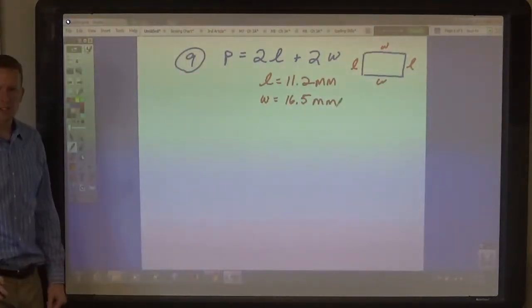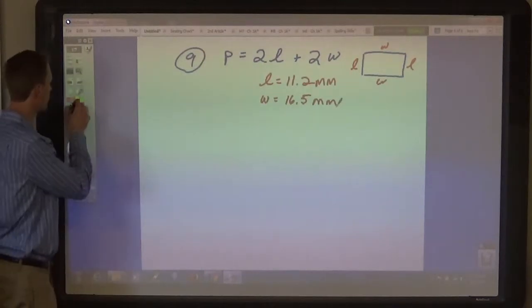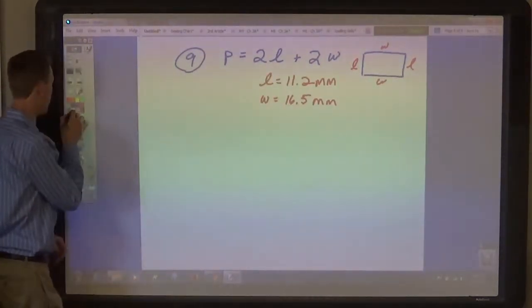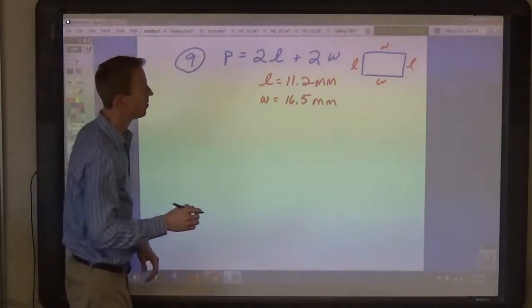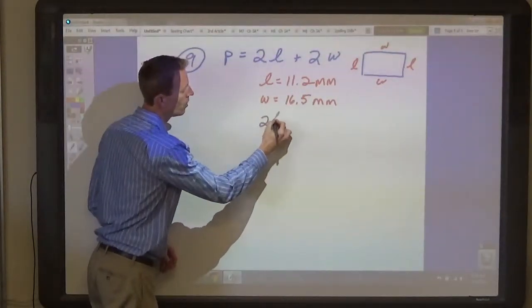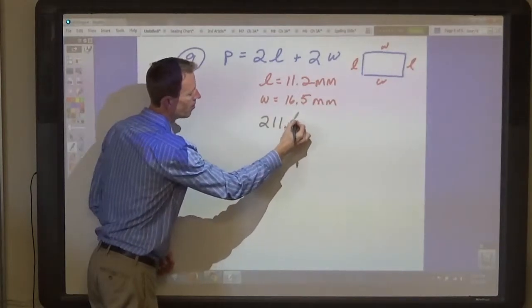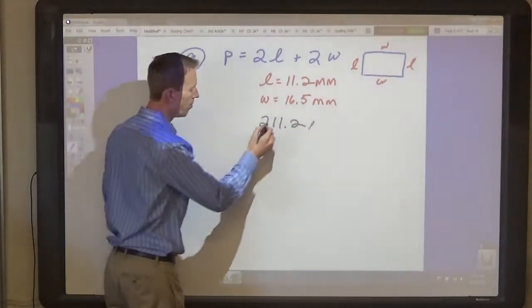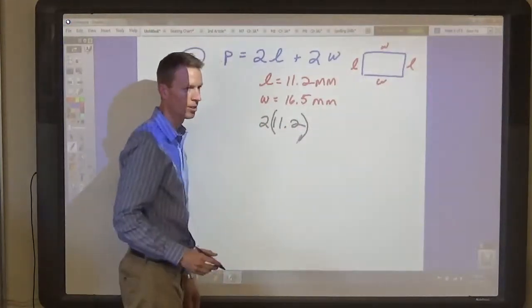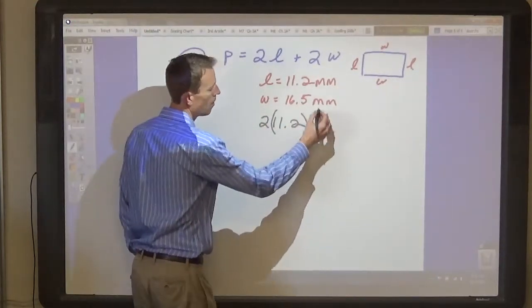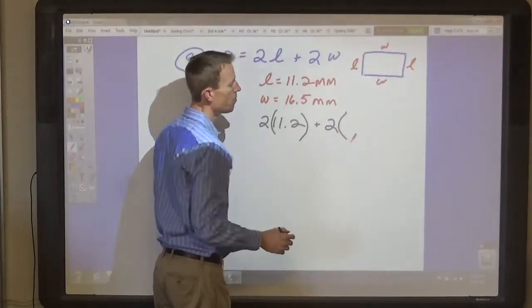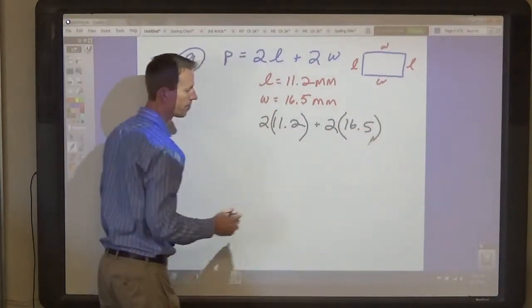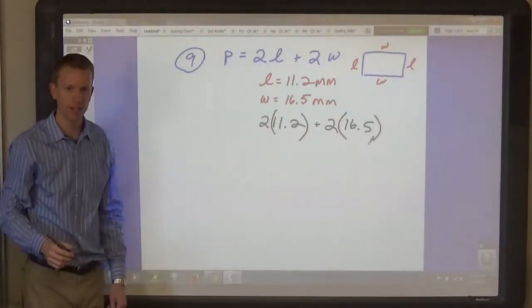Now, when you plug the formula in, you're going to have to write it so that it shows multiplication. So you can't just write 2 11.2. What do you have to put between them? Parentheses. Yes, put parentheses around the 11.2, plus 2 times 16.5. Okay.